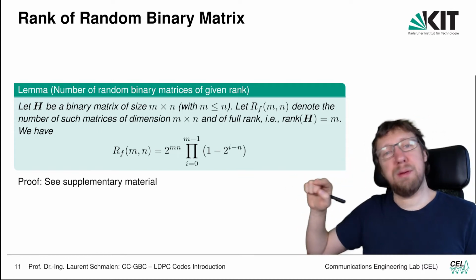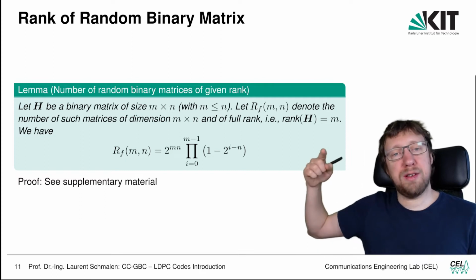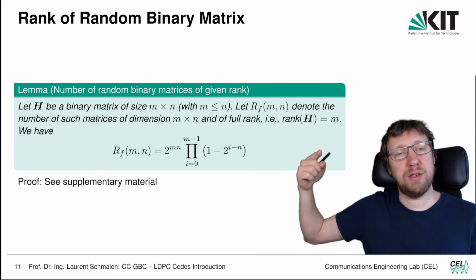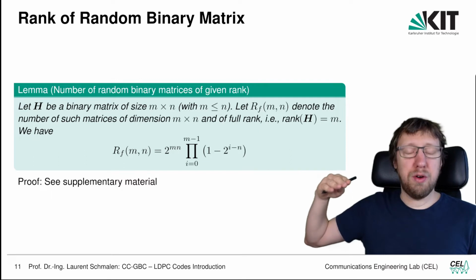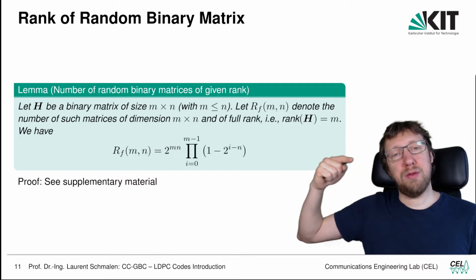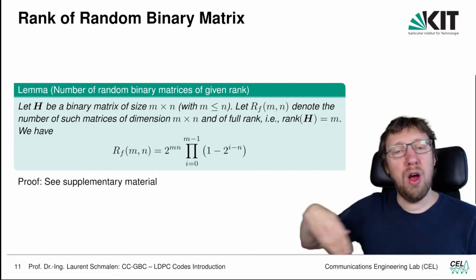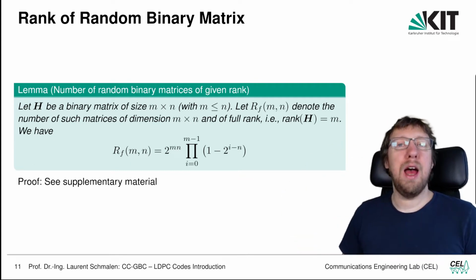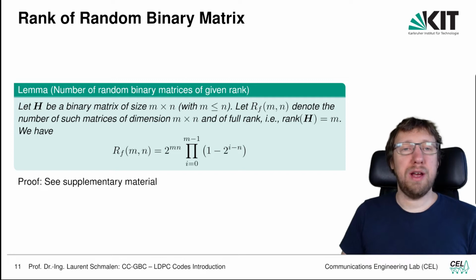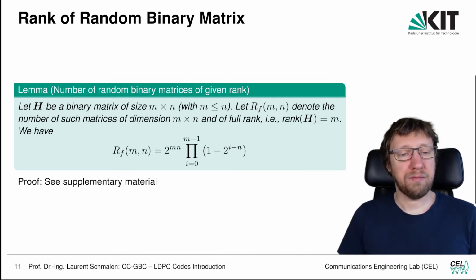Essentially all the possible binary vectors minus the one that is already in the first row. Then for the third row, we need to rule out the first row, the second row, and the combination of the two rows. So we always rule out all possible combinations. Then with some manipulations using the binomial theorem, we can get to this expression. So it's just 1 or 2 pages of a little bit of combinatorics.